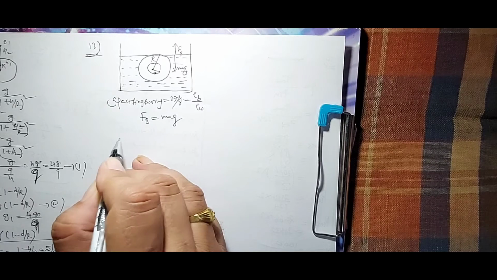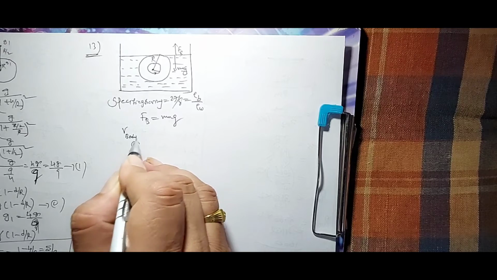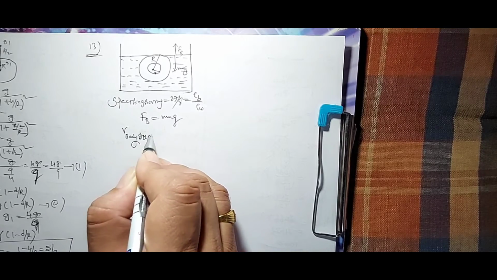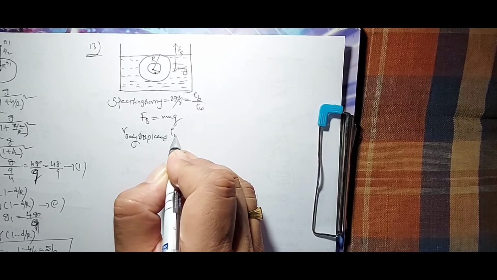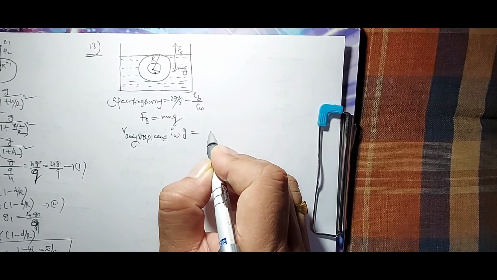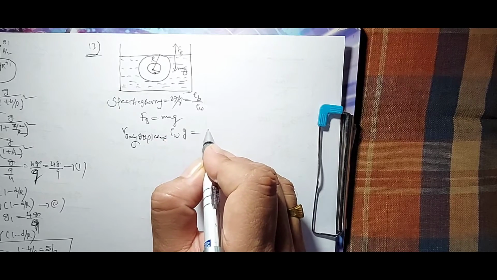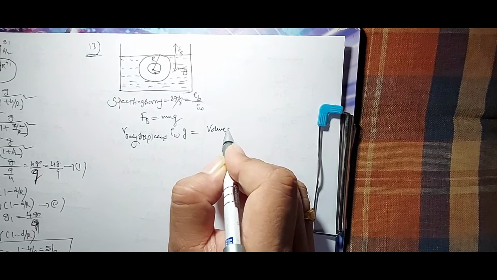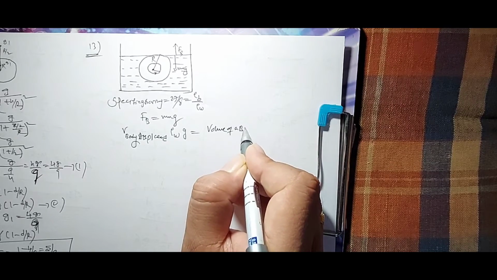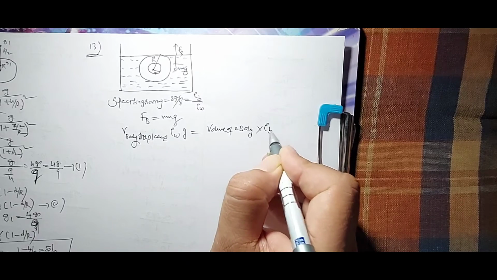So the buoyancy force is equal to volume of the body displaced into density of the water into g, which is equal to mass of the body, that is volume of the body into density of the body into g.